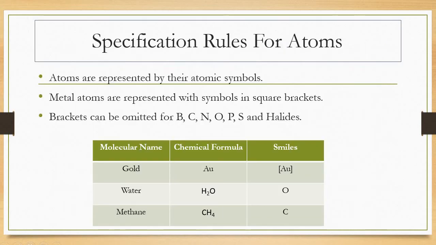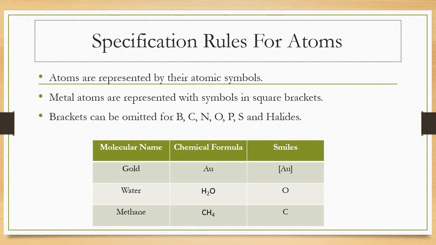Now, for understanding how we should write SMILES, let's first understand the different specification rules. We can understand the specification rules for atoms, bonds, cyclic structures, branches, and we can also represent the stereochemistry of any structure through SMILES. So we should try to understand the specification rules of stereochemistry also.